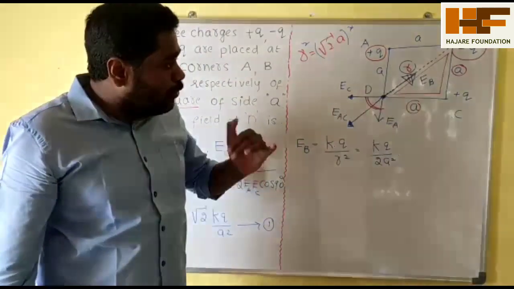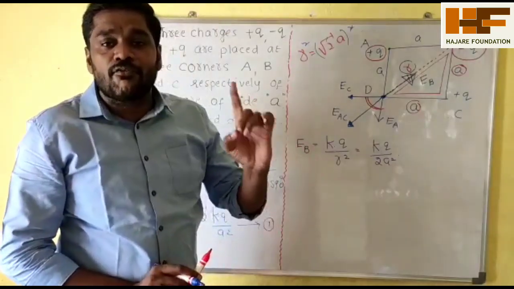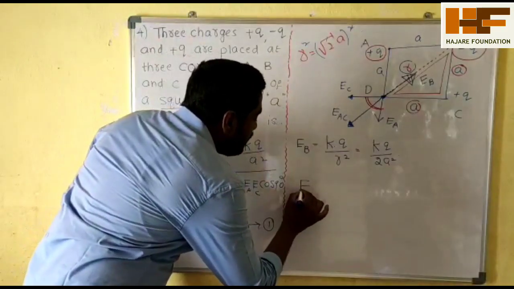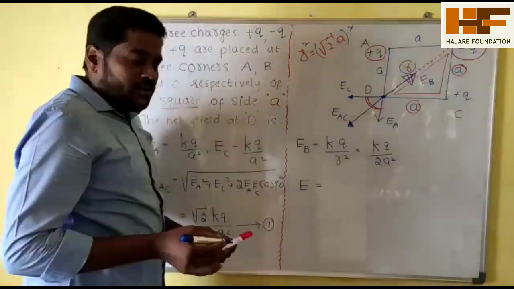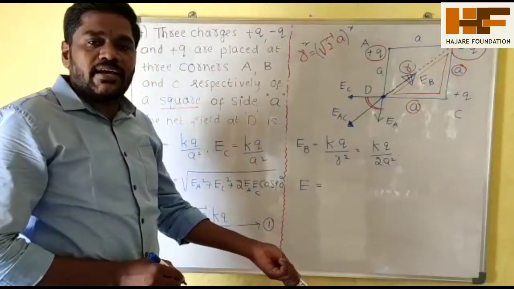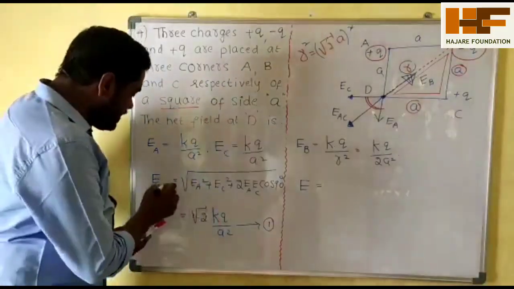Correct? So when both are in opposite directions, will you add or subtract? We should subtract. Therefore the total electric field E is equal to EAC minus EB. Why? Because EAC value is greater.